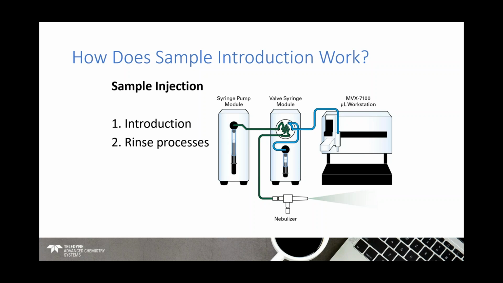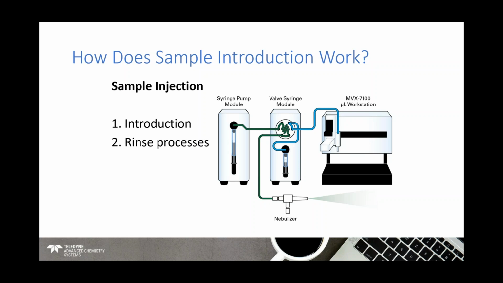That carrier solution has 2 functions. One is to push the sample through the nebulizer. The other is to wash the sample loop behind the sample. So there's an excess of carrier solution going through that line to the nebulizer, at whatever flow rate is required and determined by the analyst in the lab.